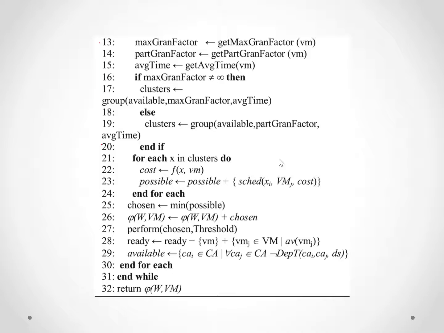Now from line 21 to line 27, based on these clusters, the algorithm calculates the most suitable group to execute in the virtual machine. From line 28 to 29, the list of available cloud activities and virtual machines are updated. And then finally, in line 32, the final schedule plan is provided.